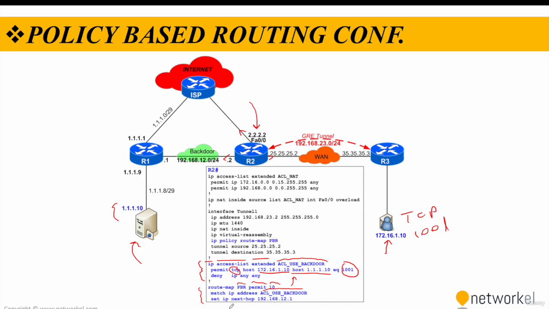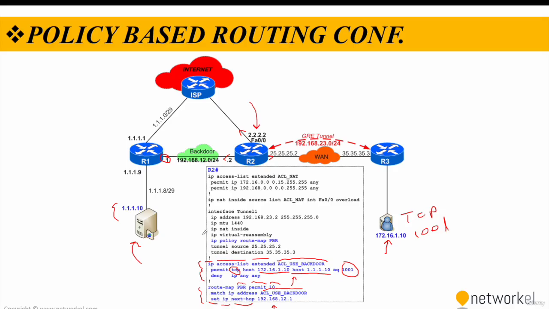Then I am setting a next hop, set ip next-hop, and I am typing the next hop IP address, which is 192.168.12.1, and that is this interface of Router 1.